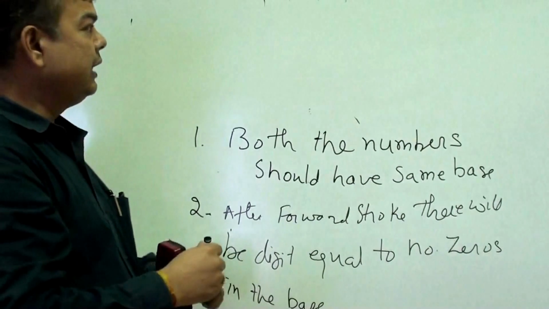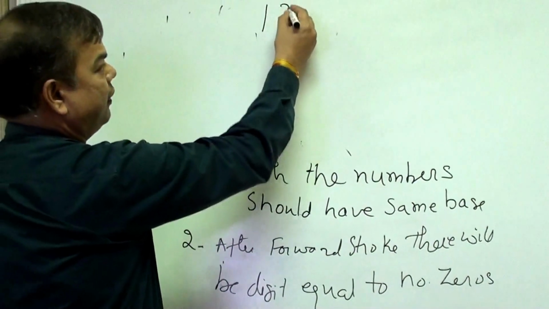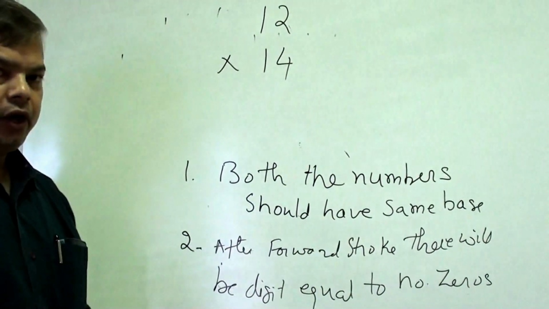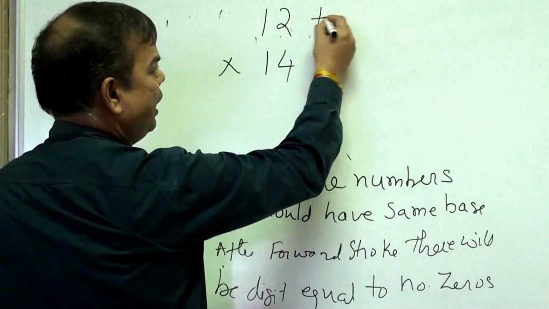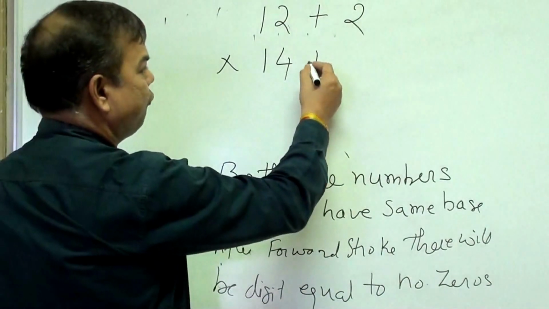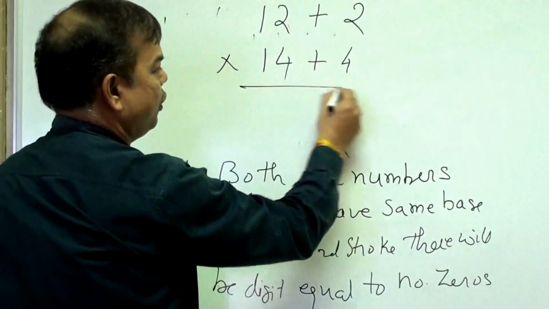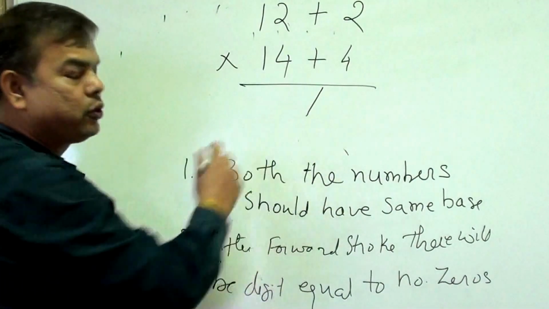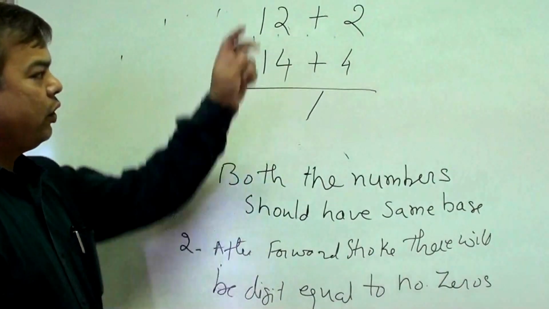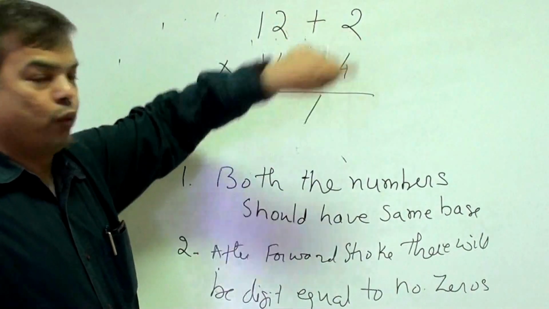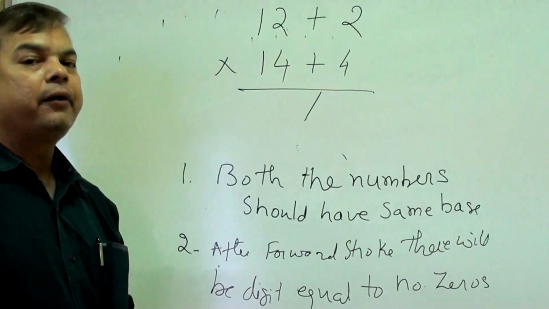Now let us take another example. We will take another number, 12 multiplied by 14. Here 12 will be written as 12 plus 2 and 14 will be written as 14 plus 4. So the next step will be just write forward stroke here. After that what you are going to do is simply multiply 4 with 2. So 4 2s are 8.